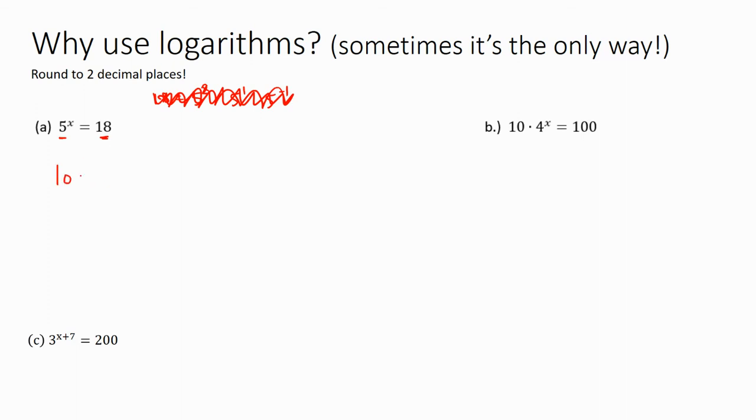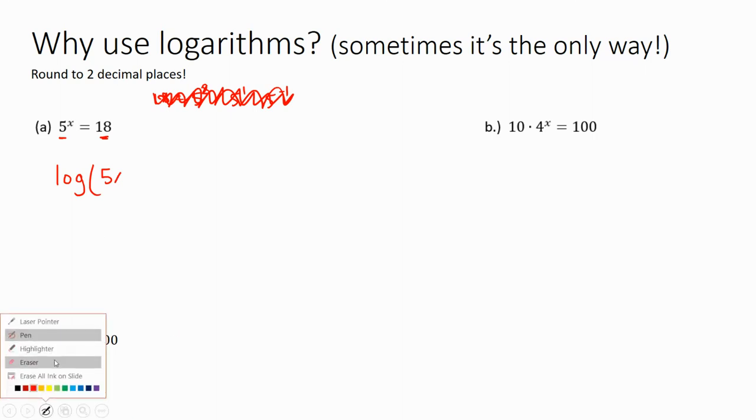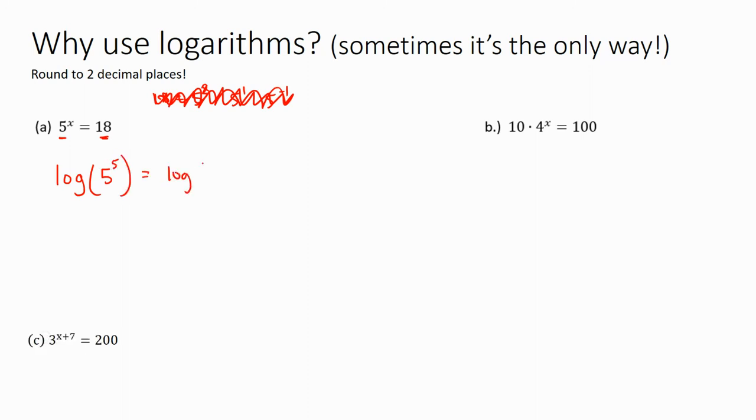So here we go. We just write log of 5 to the power of x, and then log of 18. Now I can move this power x here, and I get x log 5 equals log 18.